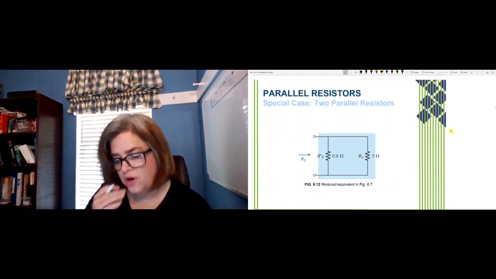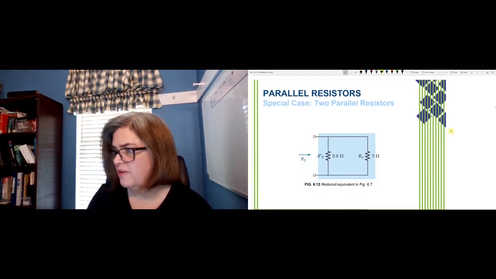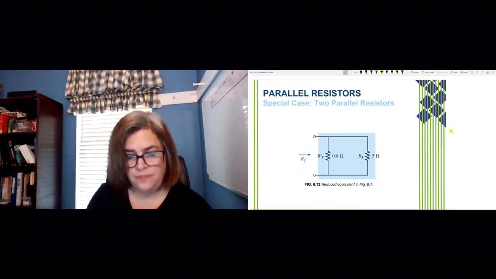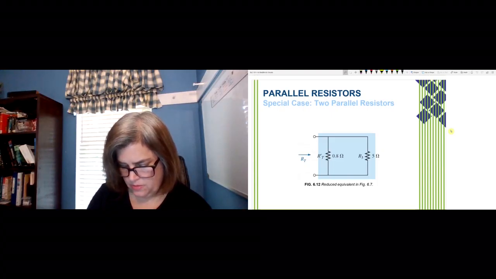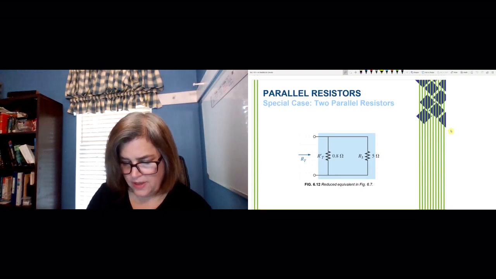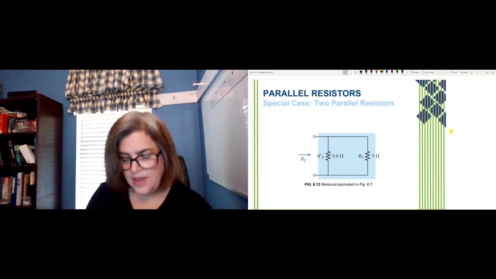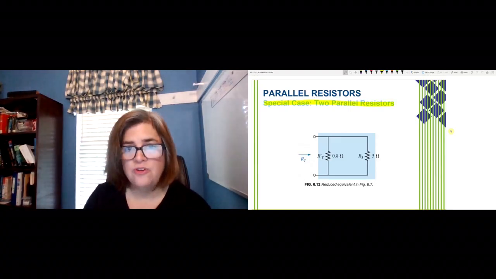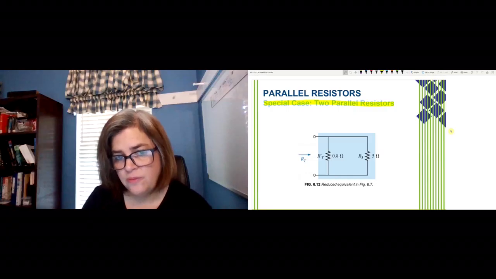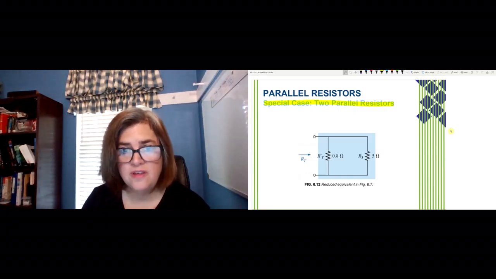Let's try one more case here where we have 2 parallel resistors. Okay, so remember, when I say special case, I mean that you can use this, but only if certain conditions exist.